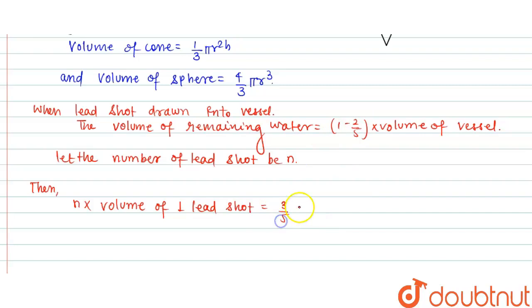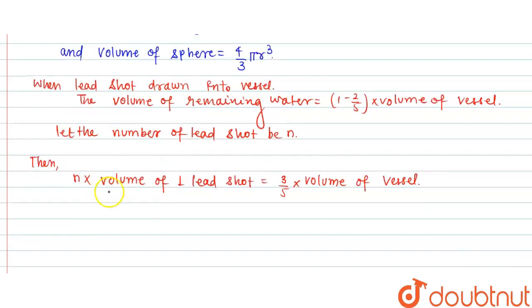So this is equal to 3/5 into the volume of the vessel. So we'll use the formula here.